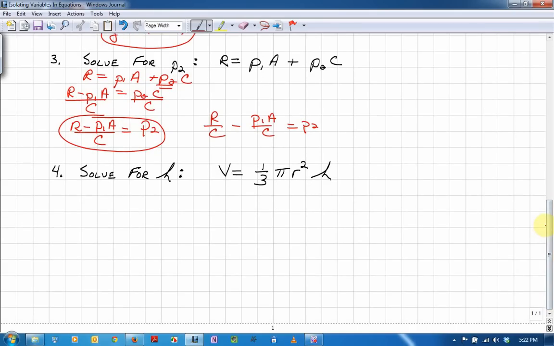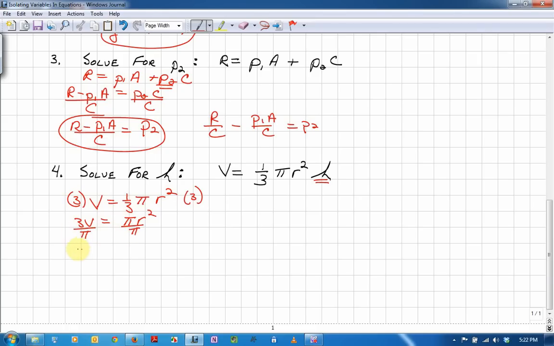Okay, the last example says solve for h, so we need to get this h alone. Let's rewrite the problem: V is equal to 1/3 pi r squared h. To get rid of the 1/3 and put it on the other side, I have to multiply both sides by 3. That gives me 3V is equal to pi r squared h. Now let's get rid of the pi part, so let's divide both sides by pi.